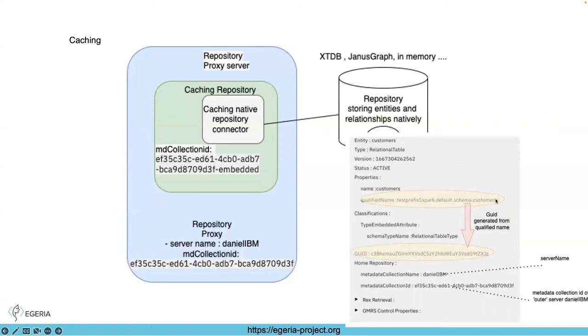That's how we try to get unique qualified names and unique GUIDs, because we're talking with a system that identifies its content using names and doesn't have these unique IDs. And this is showing that the home repository would be this metadata collection ID, which is the one that matches here as well.